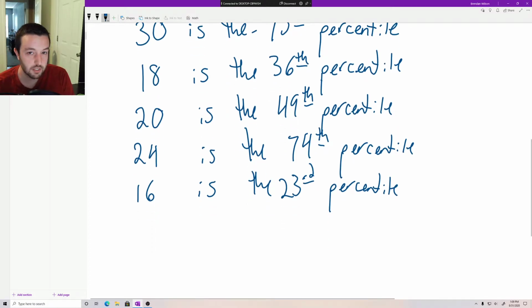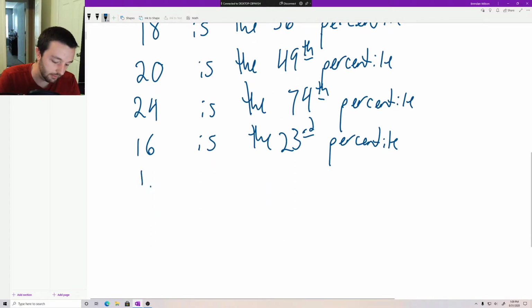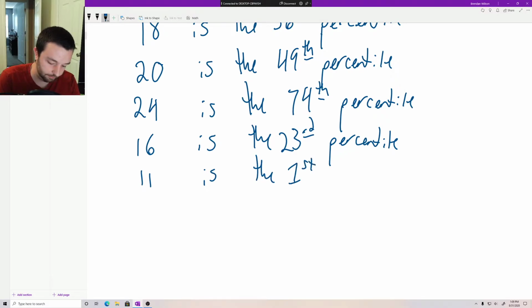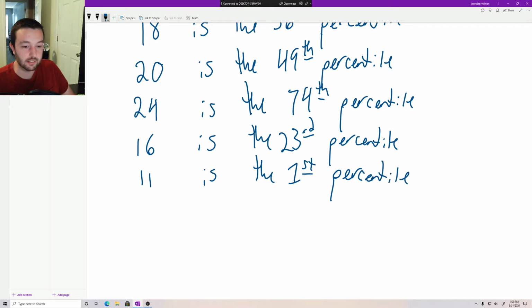And now what's even more surprising, 11 is the first percentile. Okay, so if you get an 11, that means that you've only done the same or better than 1% of people. This is as low as it goes.